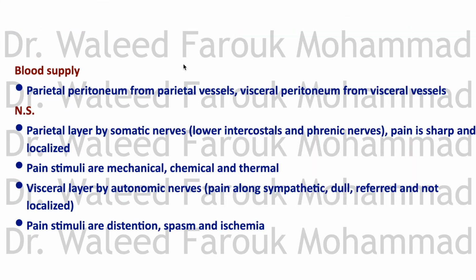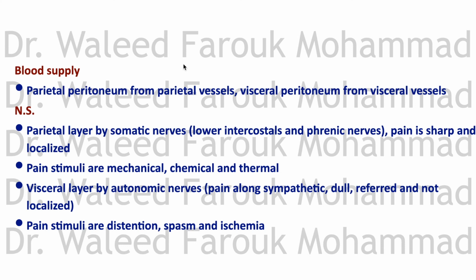The last thing to talk about, of course, I told you peritoneum is not over. With every organ, we will talk about its peritoneal features. So it's not over. And in general, the parietal peritoneum takes its supply from parietal vessels, and the visceral peritoneum takes from those branches to the viscera.